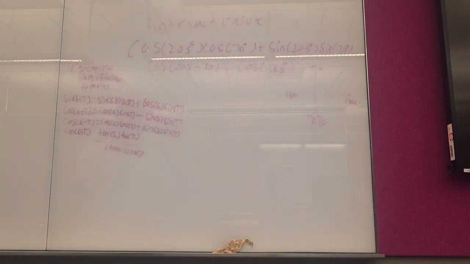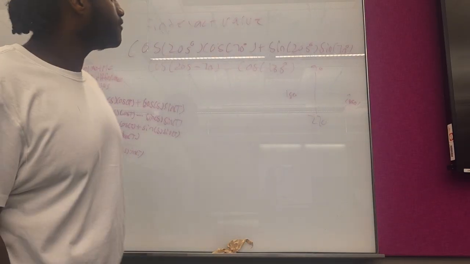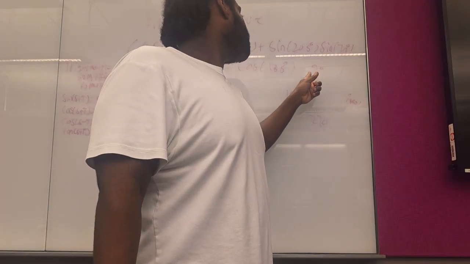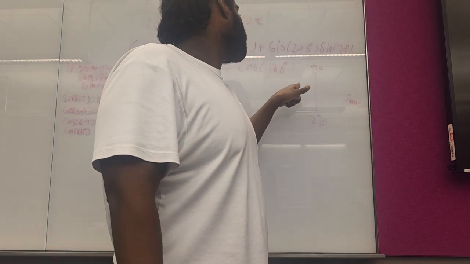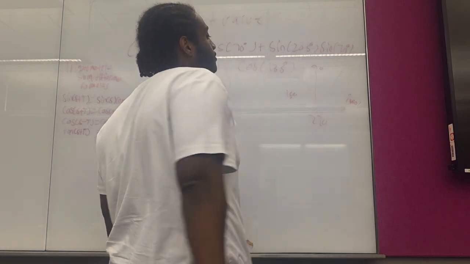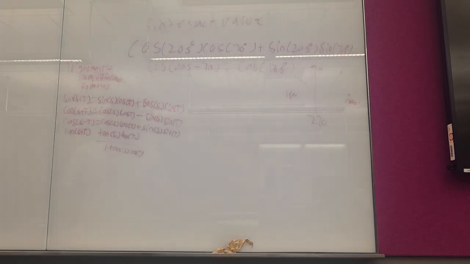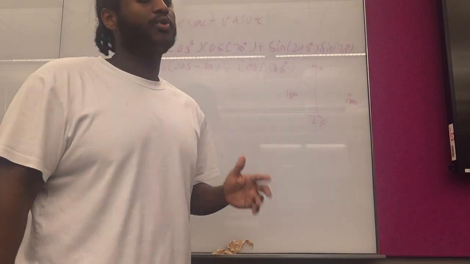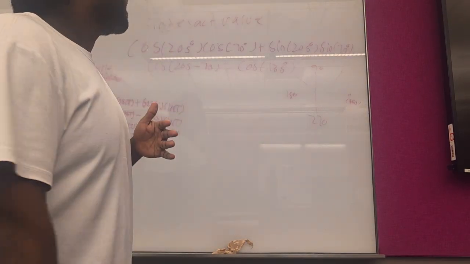So all you're going to do is ask, where's 135? It's got to be here, because it's between 90 and 180. Now, if you're very accurate with how you draw it, you could probably guess which one it is, but don't do that.